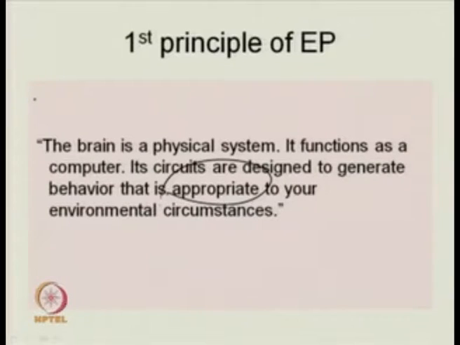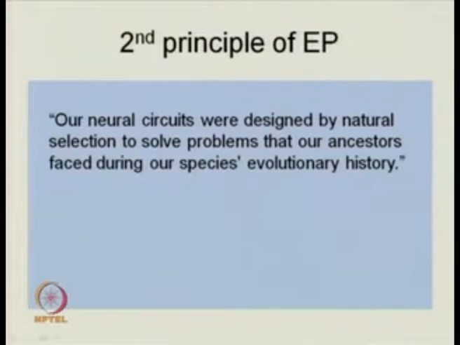We also saw the second principle as given to us by Tooby and Cosmides as, and I quote, "Our neural circuits were designed by natural selection to solve problems that our ancestors faced during our species' evolutionary history," which is to acknowledge the fact that our circuits were designed by a force, if you will, the one that was so elegantly formulated by Charles Darwin in the 19th century, which is the force of natural selection.